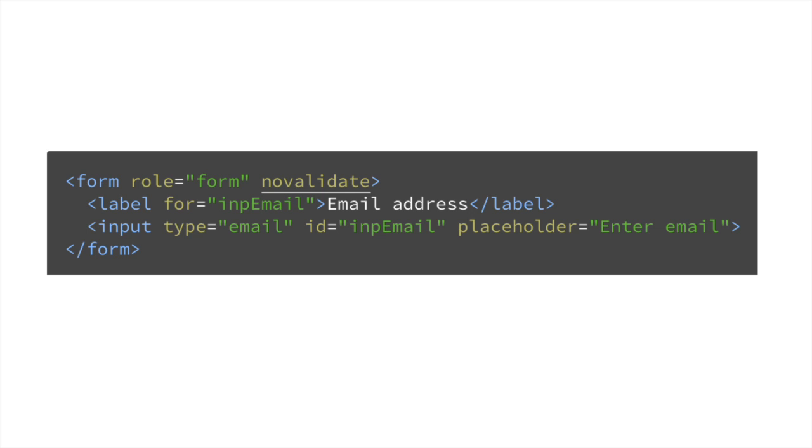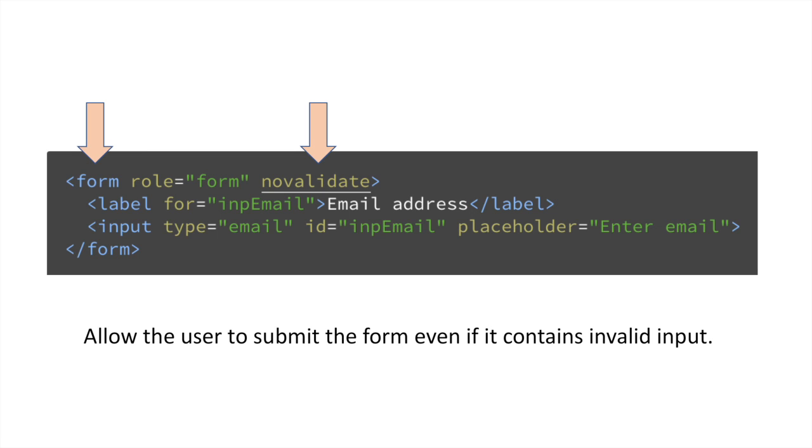If you want to do that, you need to add NoValidate to your form. Remember, this is going to the form, not to the input field. It's to the form. And with that NoValidate, the data can be submitted even if the user entered incorrect or invalid data. And that can be used in some cases.